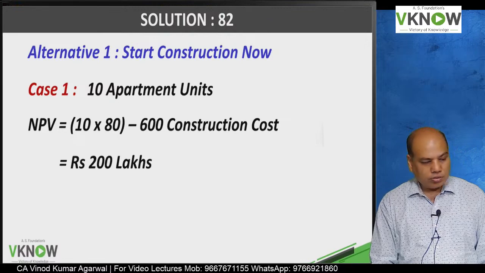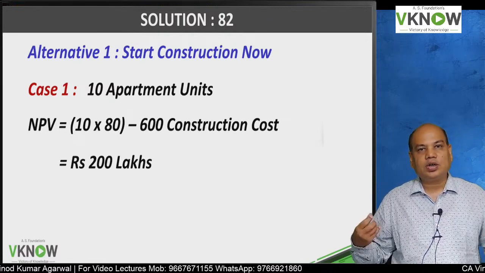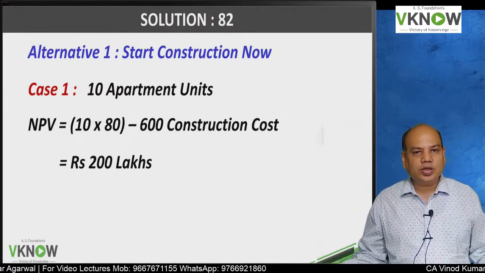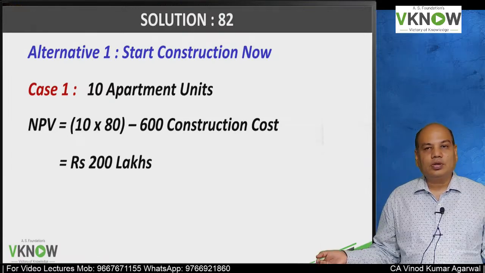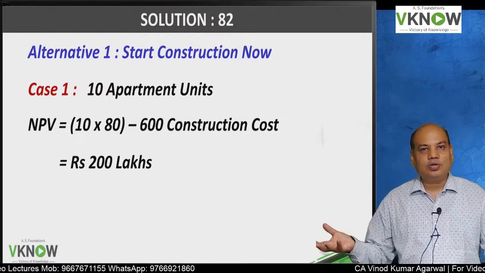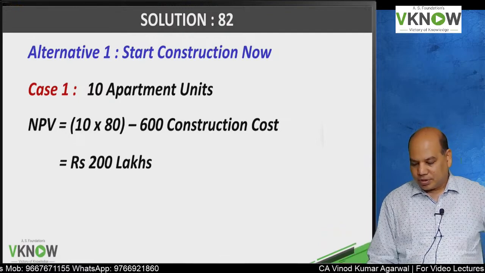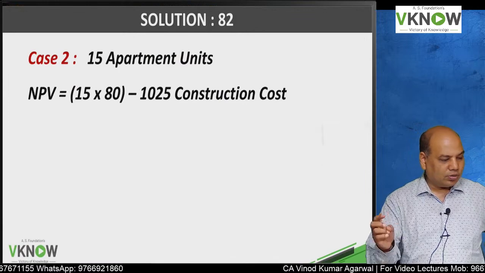The answer is 200 lakh will be your NPV, because you will construct now, sell now. Where is the discounting required? Only assumption is construction will be completed today, sale will also be done today itself. No time lag. Of course, practically you can't construct in one day, but that you can ignore for the time being.